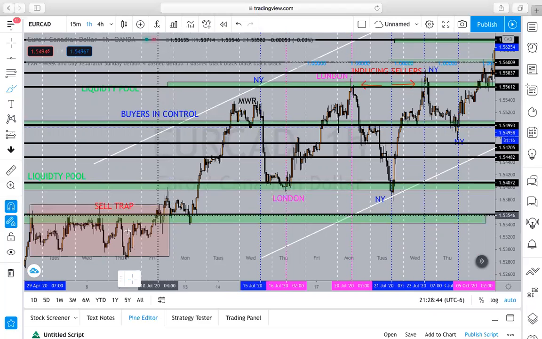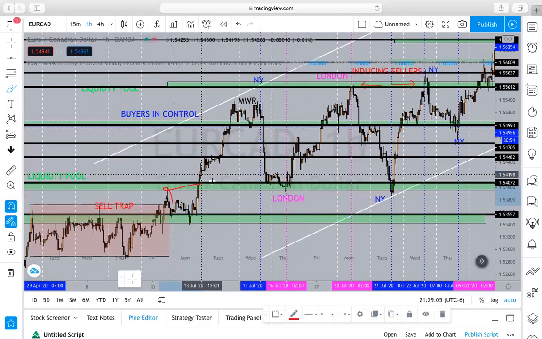So buyers are in control after they got done trapping these sellers here, pushing the market up, then the midweek reversal, cycle structure, drop. We caught that move, but at the same time, you notice after the midweek reversal that buyers are in control. We see that, right? This is the retest of breaking this.